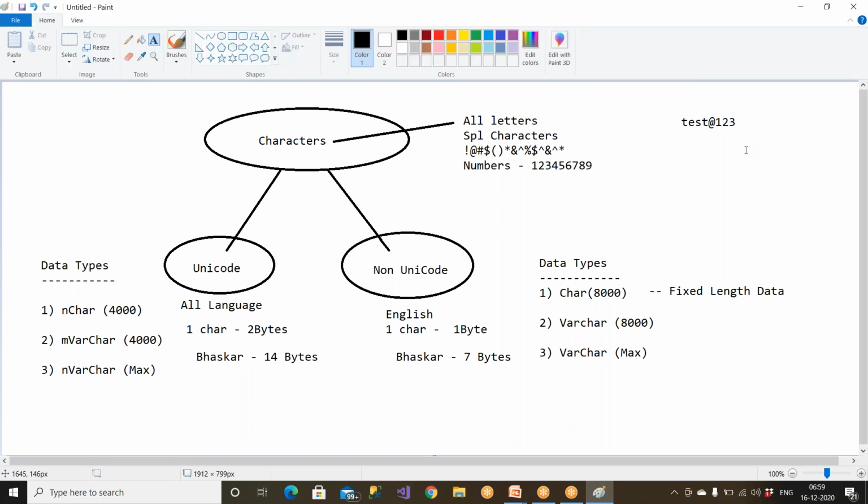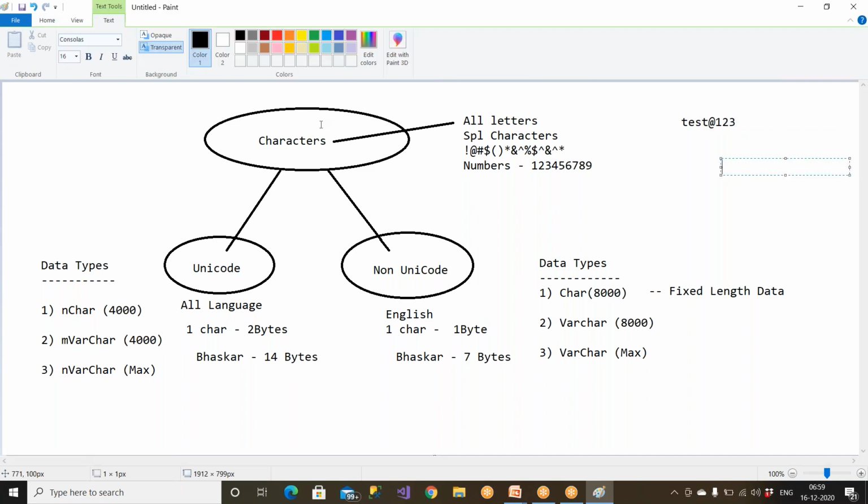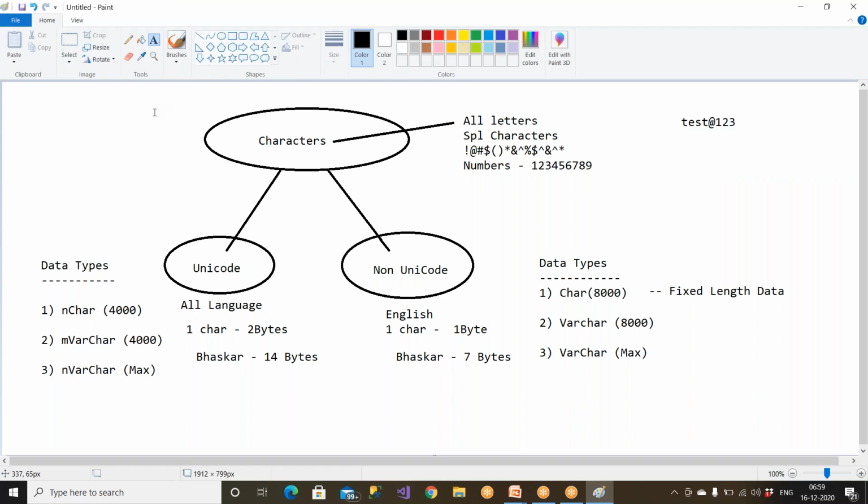According to the IT industry, numbering means something else. Integer means something else. I will discuss that later. So characters means all these things are supported. Remember this point. Clear? It supports all letters of all languages, special characters, and numbers as well, all included in characters only.